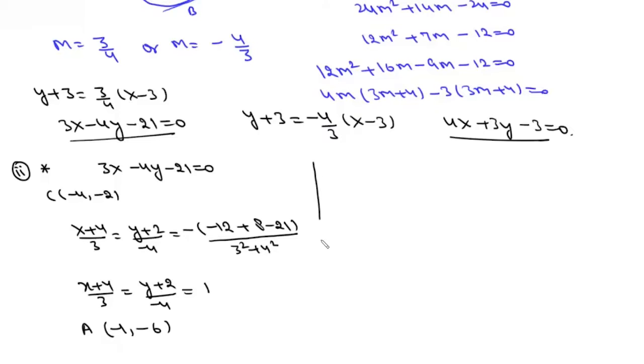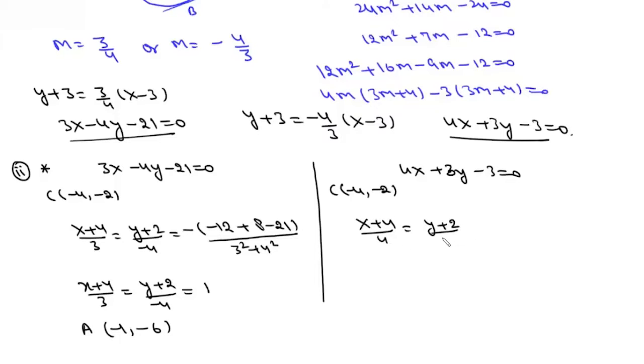And now we'll take the other equation, which is 4x plus 3y minus 3 equals 0, and now we'll find the foot of perpendicular from the center. So it will be (x plus 4) upon 4 equals (y plus 2) upon 3, and will be equal to minus, and this is (minus 16 minus 6 minus 3) upon 3 square plus 4 square, which again is 1.